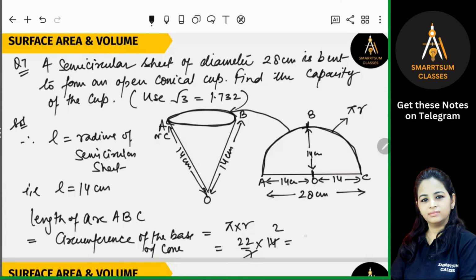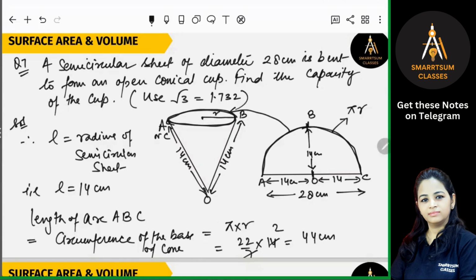So this is 2, that is 44 centimeter. So the length of arc ABC is 44 centimeter. That means the circumference of the base of the cone is 44 centimeter, right? And what is the radius of this cone? Suppose it is r centimeter. We have taken it, suppose r centimeter.